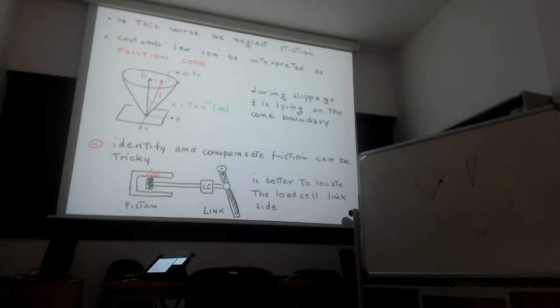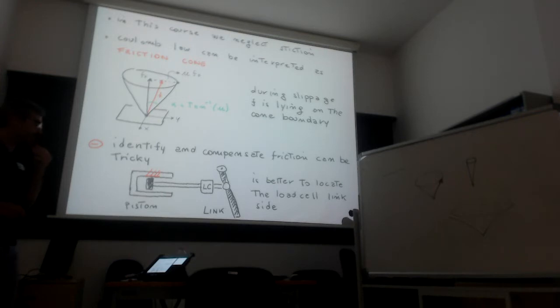A load cell is a force sensor that allows us to really check the force we are applying, so the torque to the link. This way we don't care about the friction, because we close the loop with torque control, and the controller will automatically take care of this.